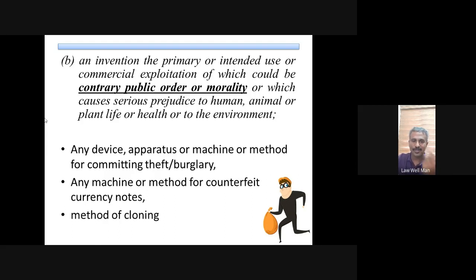And method of cloning, of course, you have arguments on both sides, but cloning also could be argued in this way. It's against the already existing natural laws, and it's prejudicial to human, animal, or plant life, health, or even to the environment. This is very widely and vaguely worded as well, but definitely it could be brought in here.